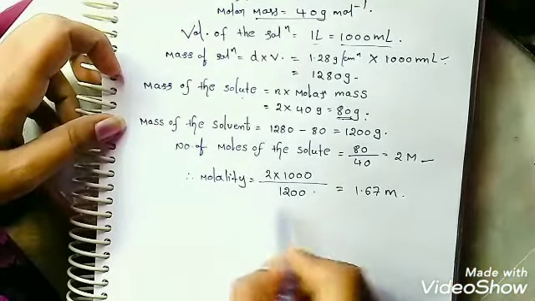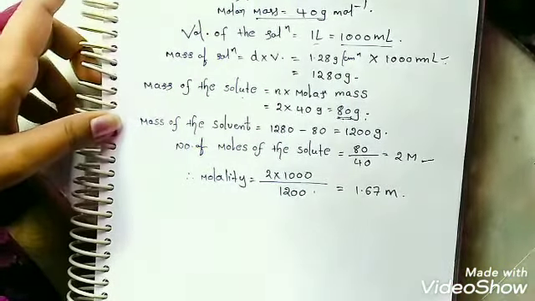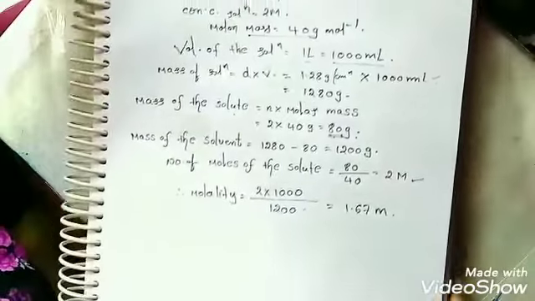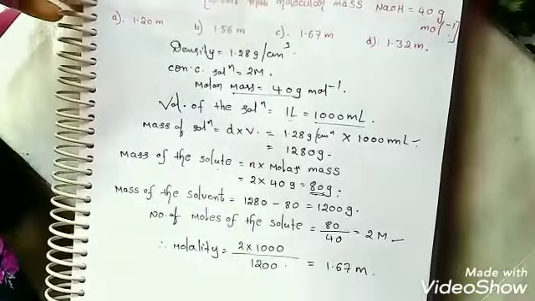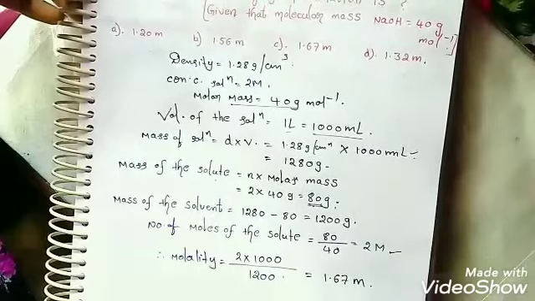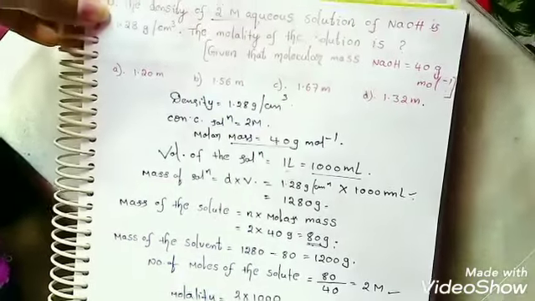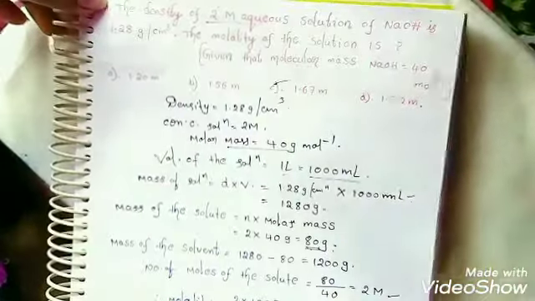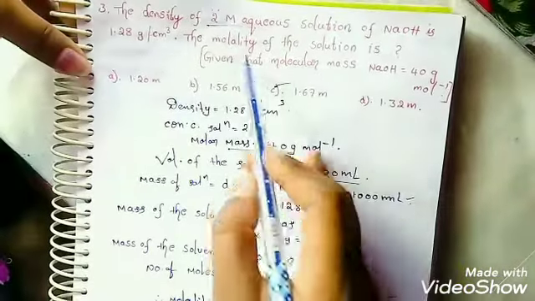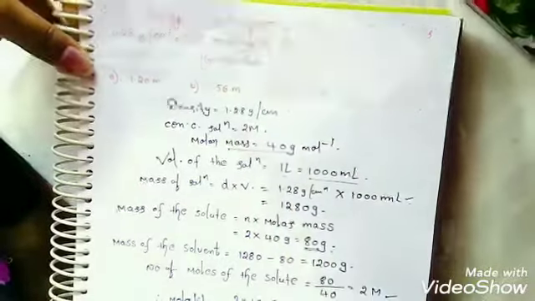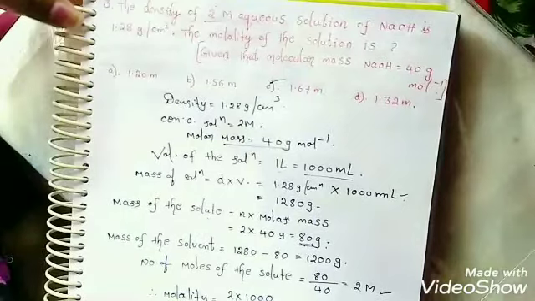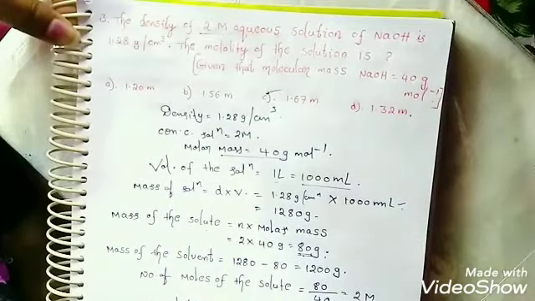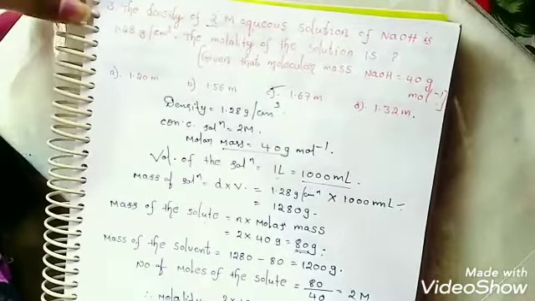This is the formula for the calculation of the molality, indicating the concentration of the given substance. See, students, you got the final answer, that is C, 1.67. That is the molality of the solution, that means the concentration of the solution. Let us get into the next question, that is the 4th question.